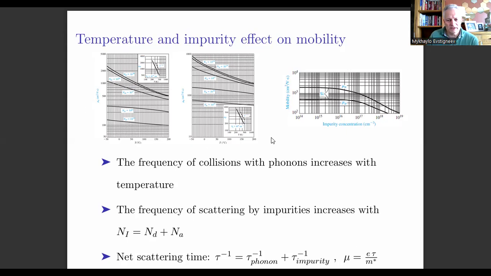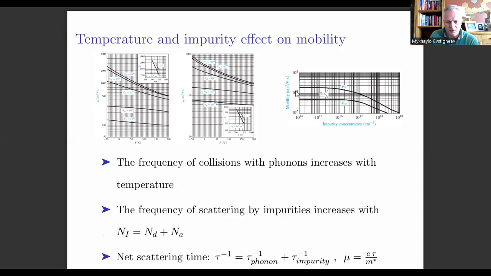So these plots show the mobility of electrons and holes in silicon as a function of temperature for different doping levels. And this plot shows the mobility as a function of the concentration of impurities, donors and acceptors, and donor plus acceptor, at room temperature, 300 kelvins.